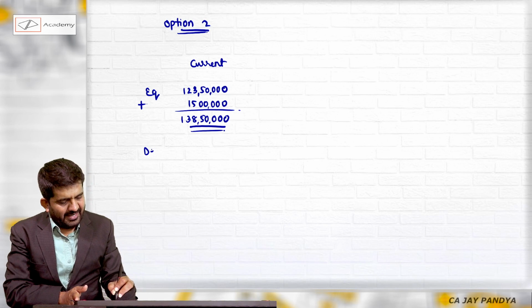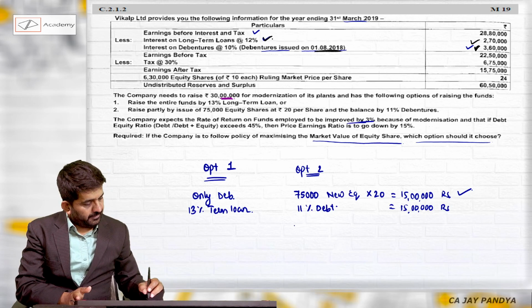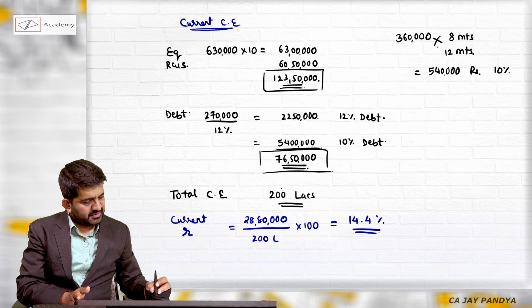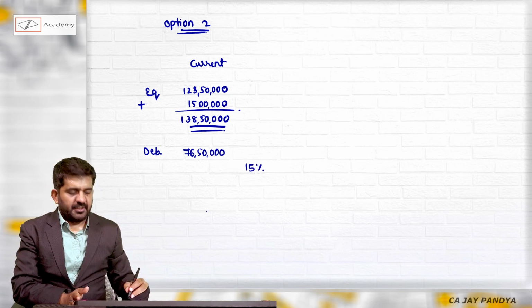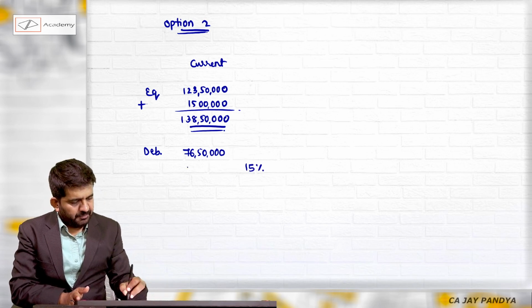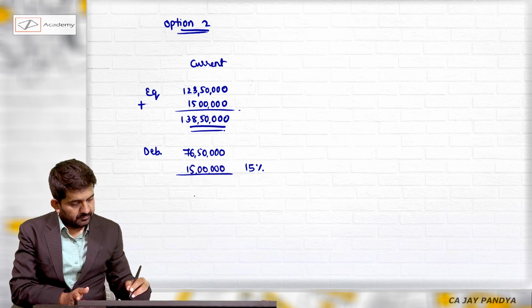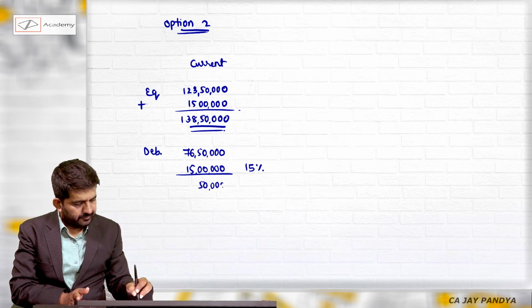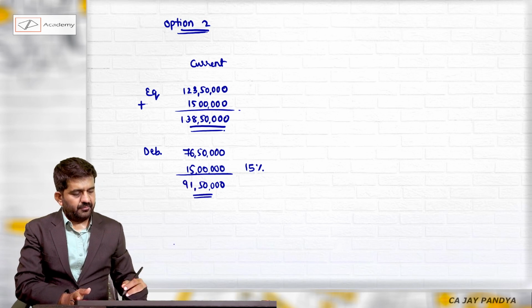50,000. And debt. Now debt is also not remaining same. Debt currently was 76 lakh 50,000, which will increase by 15% of 15 lakh rupees, which is 91 lakh 50,000.